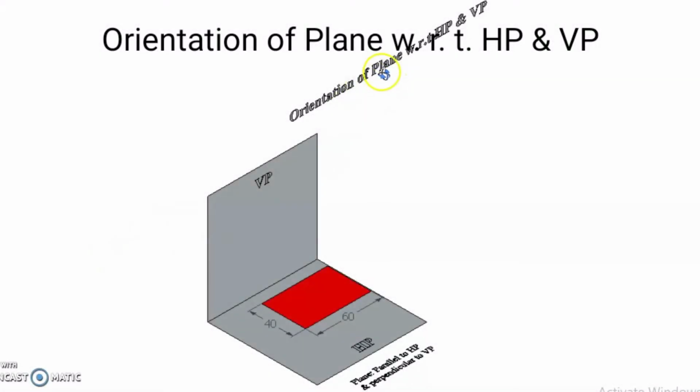Now the positions of a plane with respect to HP and VP. Here the vertical plane and horizontal plane are given, which are at right angle to each other.